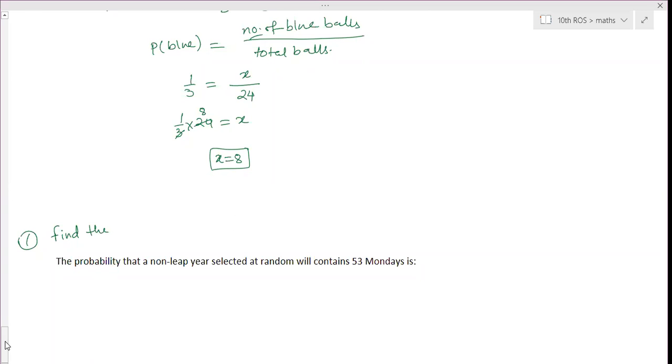Now in this one you have to remember how many total days the year has. 365 days.